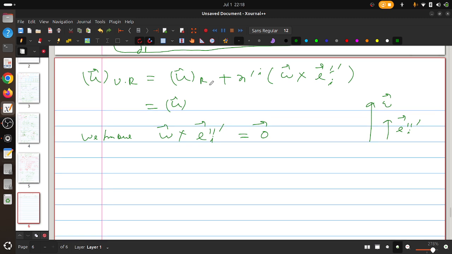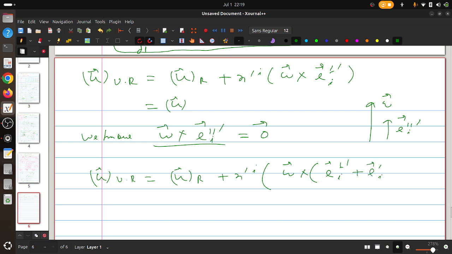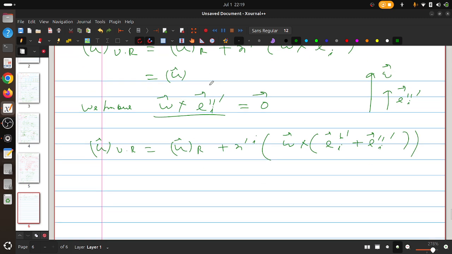So we know that this cross product is zero. We can simply add that thing here. So we can write this equation as x prime I and omega cross, and E I perpendicular prime was already there, but now we can also add the parallel prime. We can sneak in the parallel component here because the cross product is zero. That is a good trick, right?